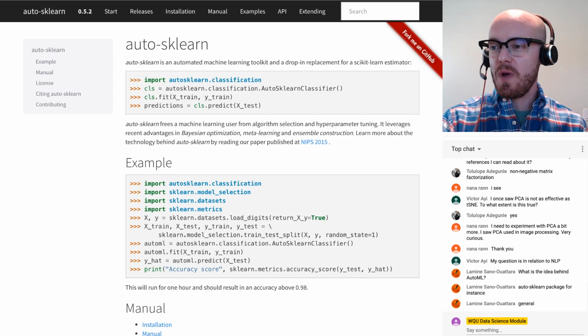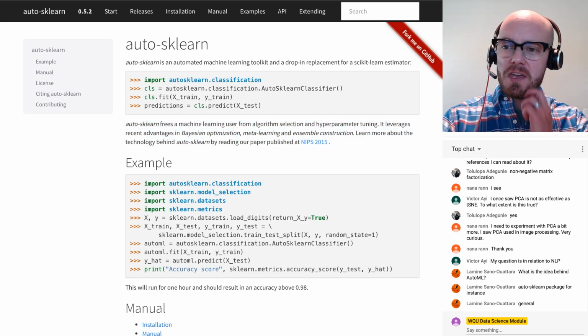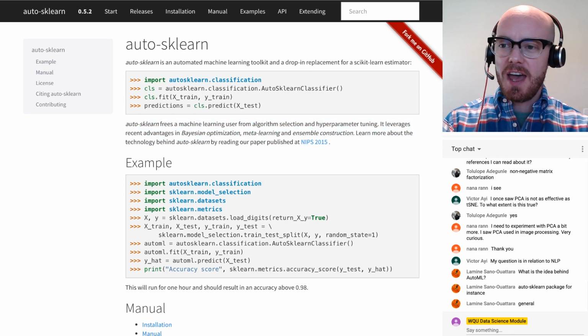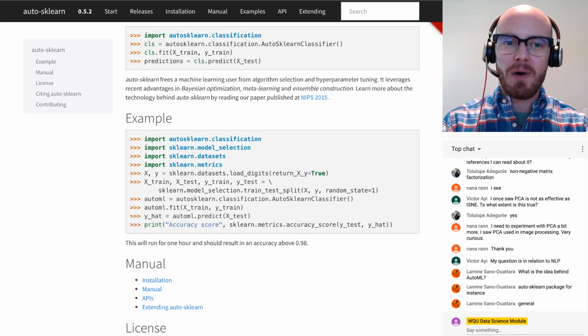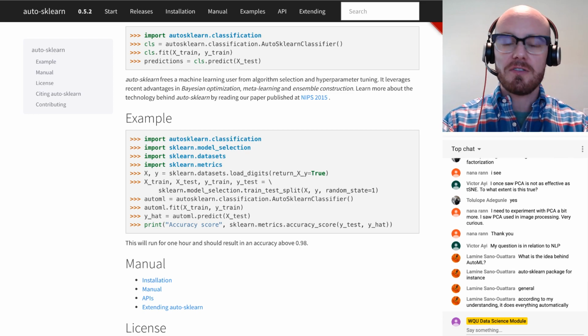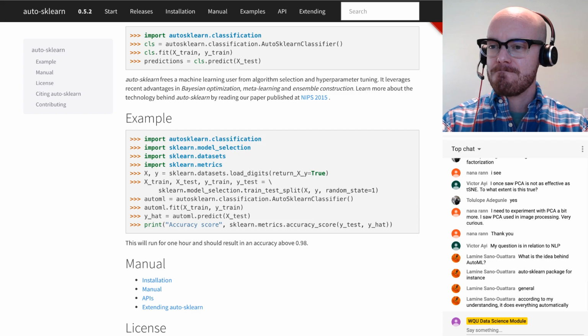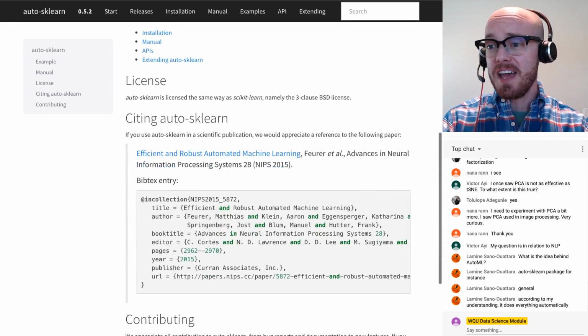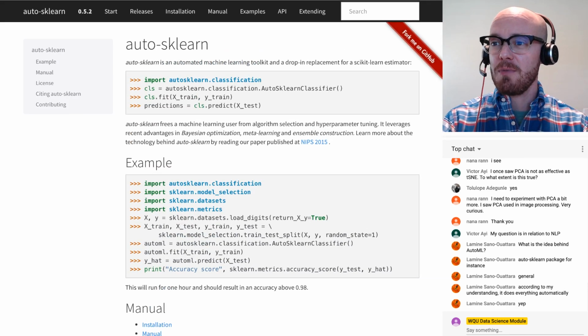I suppose this is a way to get a model up and working quickly. The only thing I would be concerned about is that people complain that sometimes machine learning is a black box, and so I don't know what's happening under the hood. This seems like it's kind of doubly that because you don't even know what algorithm is actually being used. That being said, it looks very cool. So if you experiment with it, please let us know.